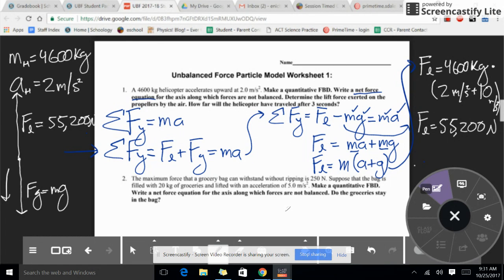Now we need to go back and calculate mg real fast. So we already know our values: 4,600 kilograms for our mass multiplied by 10 meters per second squared for our gravity. So that's going to be 46,000 newtons.